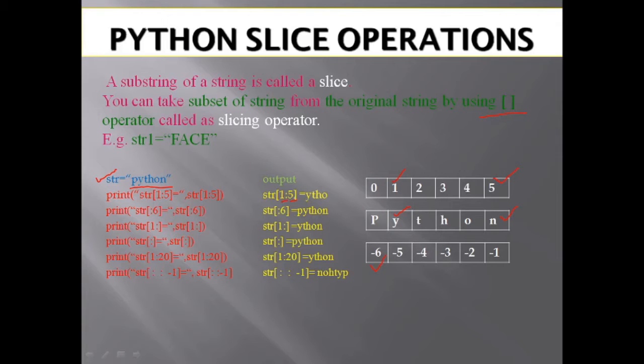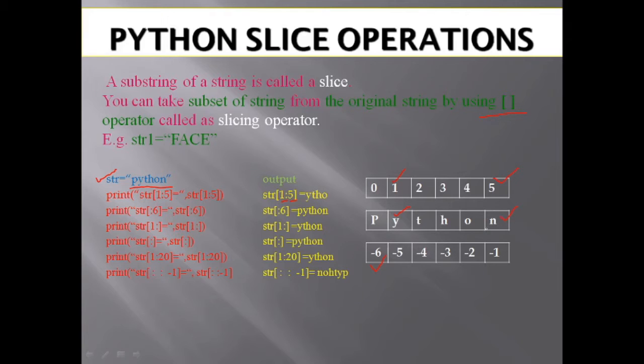Now here the ending position or ending index value is 5. Here n is stored at index value 5. But in a slicing operation, remember that we do not read the ending position. We have to read up to that position but not including that position.